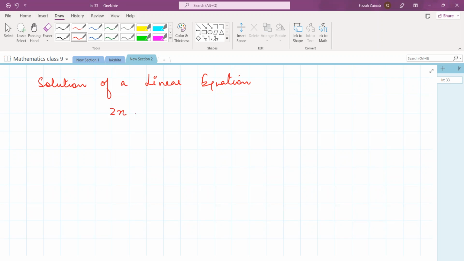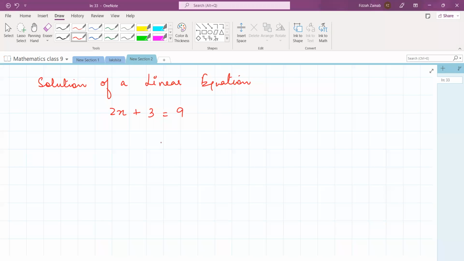So 2x plus, let's say, this is an equation in one variable only, right? Okay, so what will be the value of x? So the value of x for which my left hand side will be same as the right hand side will be the solution of this equation, correct?